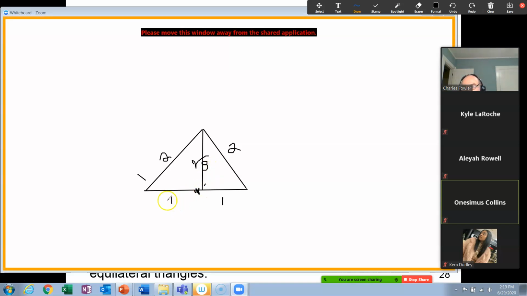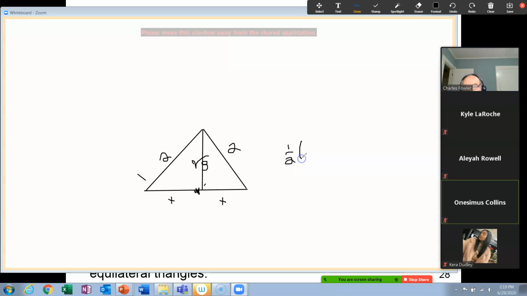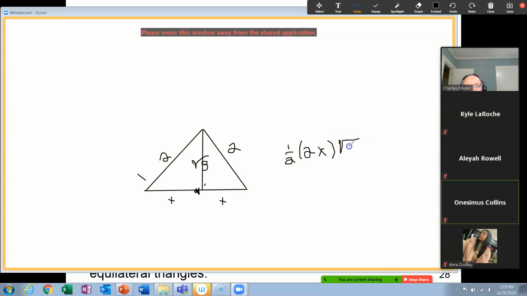If this now were not 1 but x, and this were x, now the area of this triangle would be 1/2 the base, which is 2x, times the height, which is the square root of 3 times x. The x is outside the radical here.